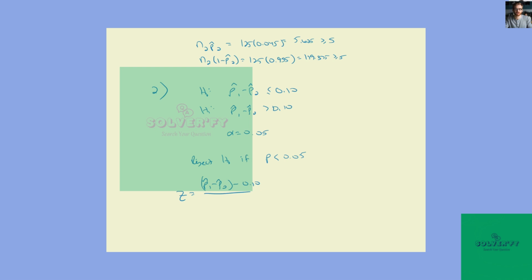And the standard error is the square root of the pooled sample proportions.